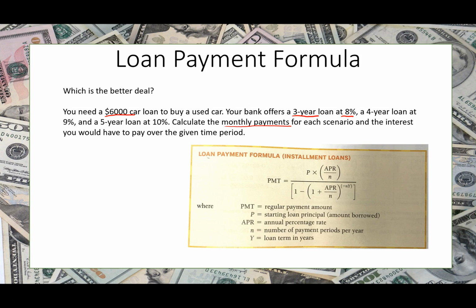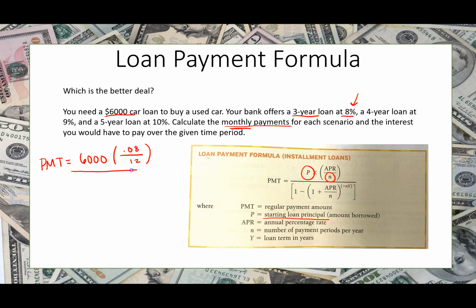All right, so this payment is going to be equal to P, which is the starting loan principal, so that's going to be $6,000, times your APR, so that's going to be 0.08, divided by my N, and remember we're doing this monthly, so that's going to be divided by 12.